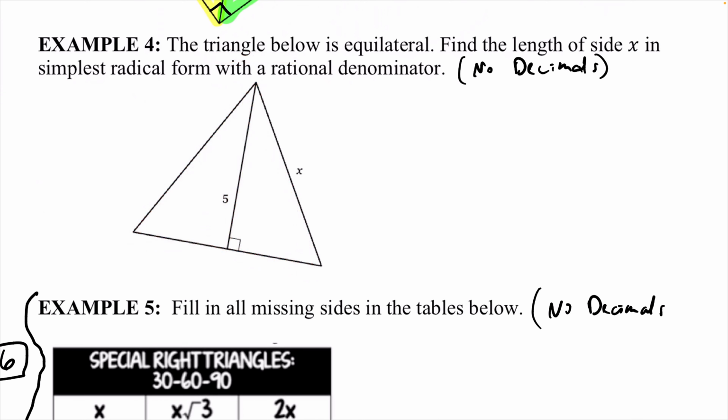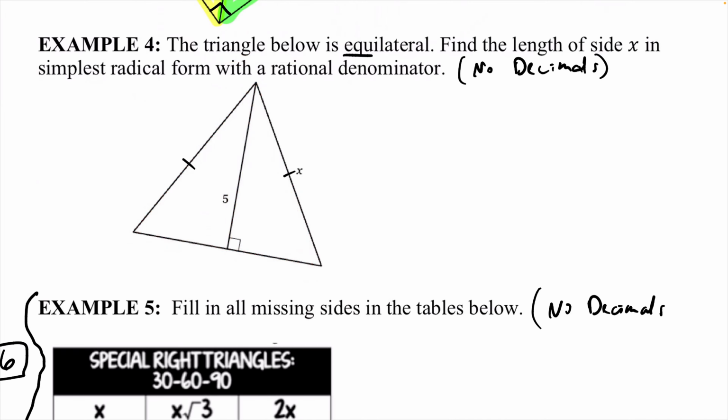What does that mean? There's 3 types of triangles: equilateral, scalene, isosceles. What does equilateral triangle mean? They're all the same. EQU, right? Equal. It means everything is the same. All 3 sides are the same.